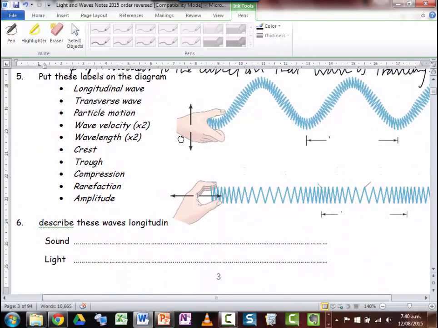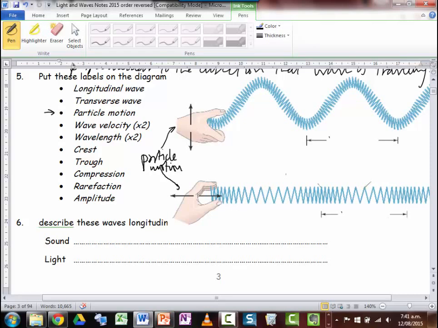Okay, now we want to label these things. So these things here is the way that the particle is moving. So in the transverse wave, we have the particle kind of moving up and down. So this is particle motion. So the source of the wave here, the hand, kind of moves up and down vertically while the wave travels horizontally.